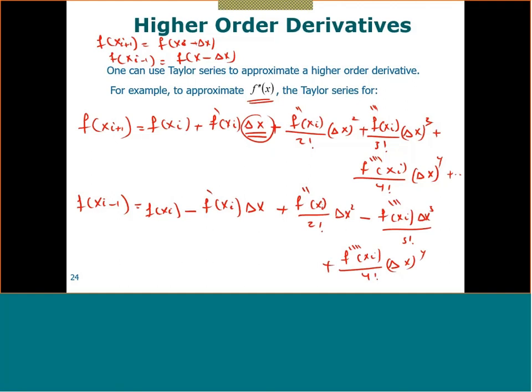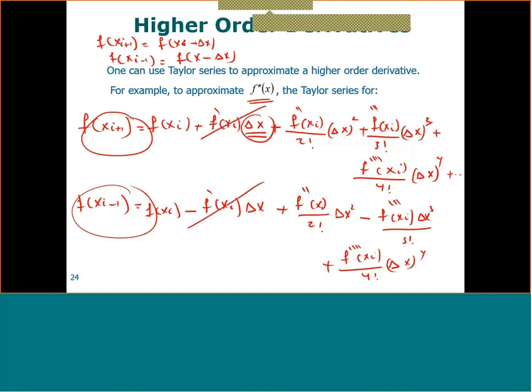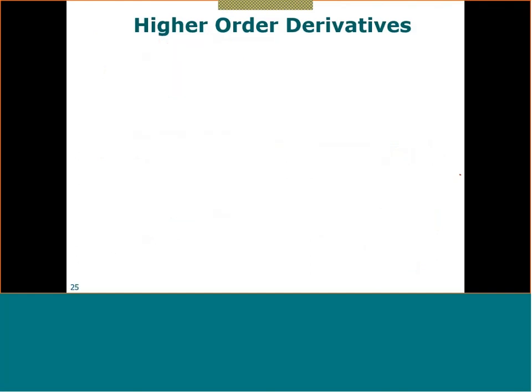Okay, so now we have this. I will just add this to this. When you add these two together, this will be cancelled with this, and this will be cancelled. So continue with this.